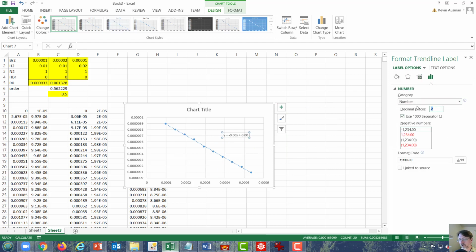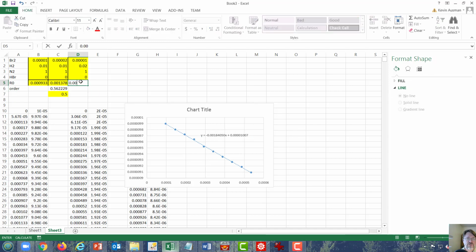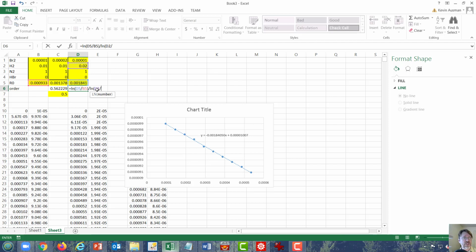Give ourselves some more sig figs. 0.001845. We're going to use our same formula for the reaction order. The natural log of the ratio of the initial rates divided by the natural log of the ratio of the concentration that was changing. And we get very clearly first order in H2.